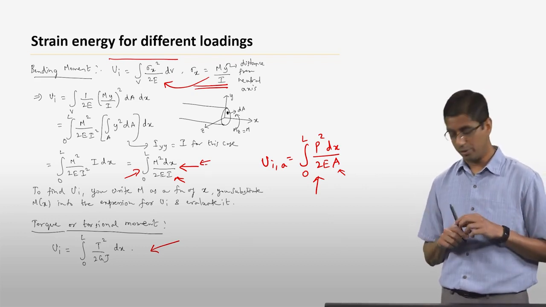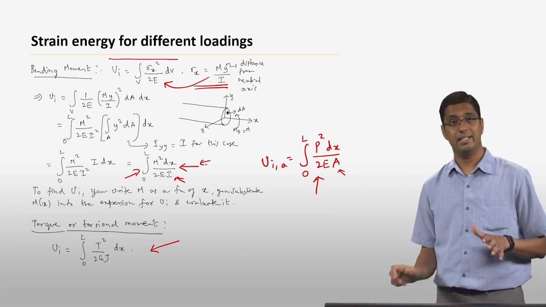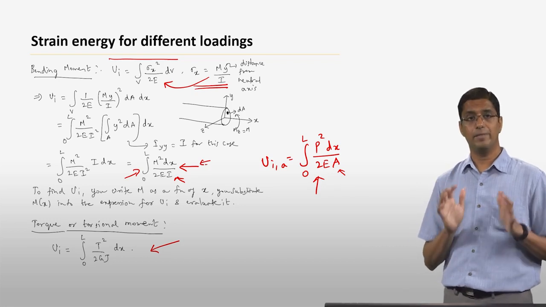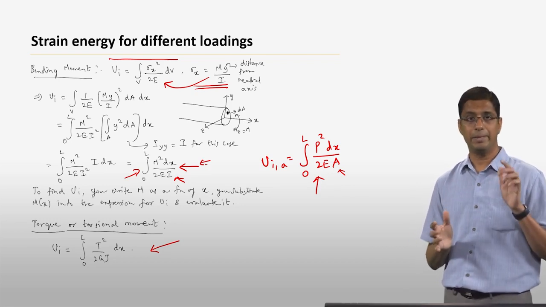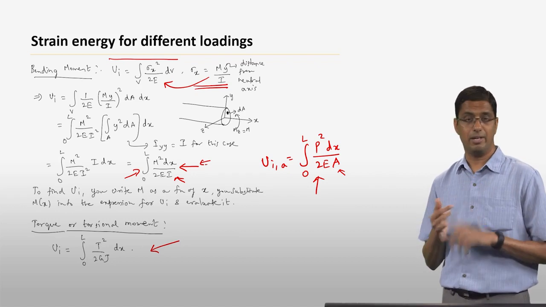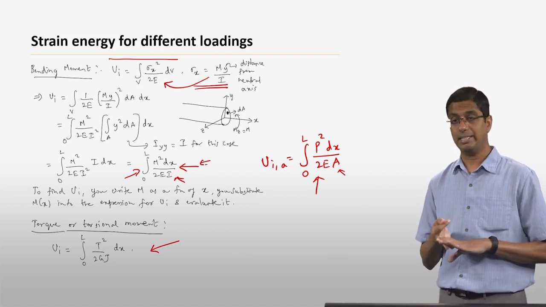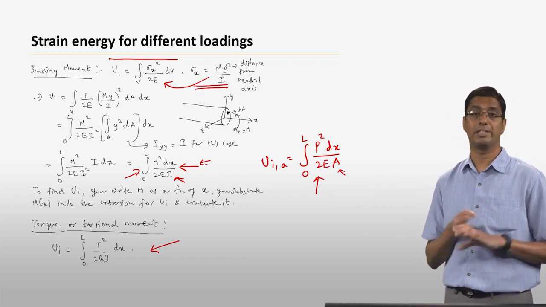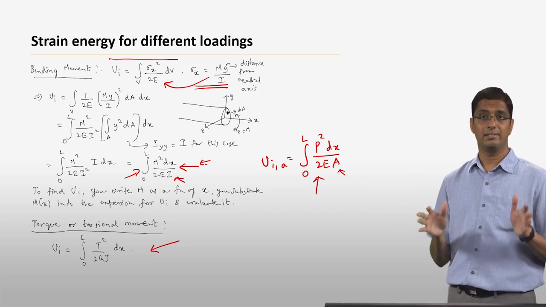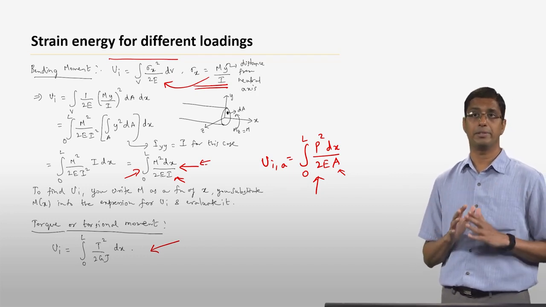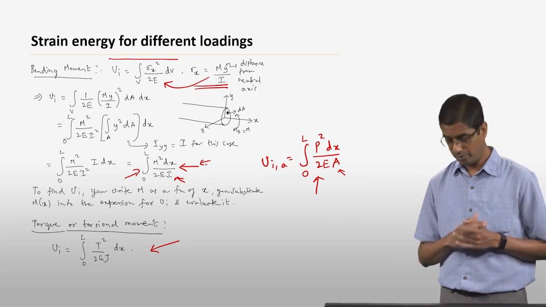That is something that you must also note, which means that the energy is always going to be positive. Whether the bending moment is negative, or the torque is negative, or the internal force is negative or not, it doesn't matter. The strain energy is always going to be positive because you have the square of those values.